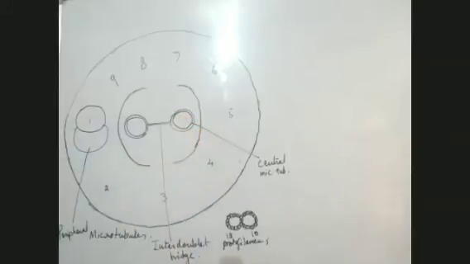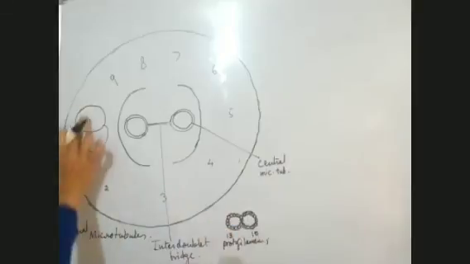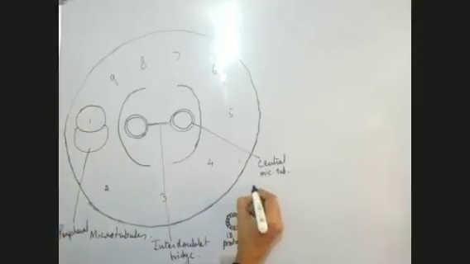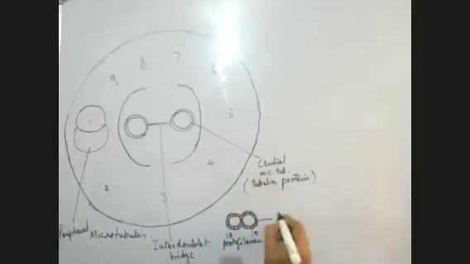Now, the complete one is made up of tubulin protein. And the one which is half is made up of dynein protein. So the two proteins present in them are tubulin protein and dynein protein.